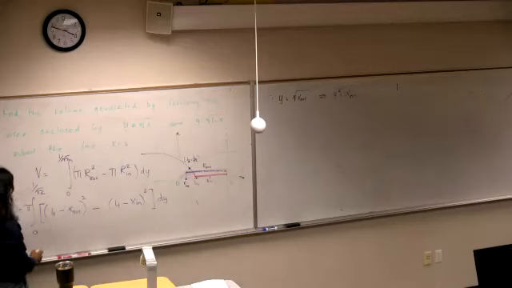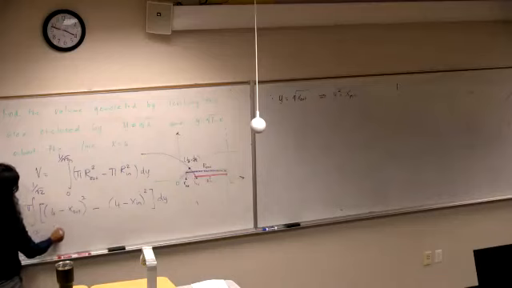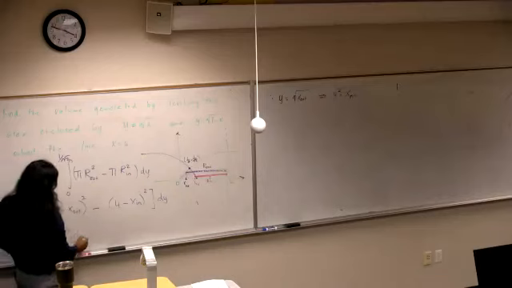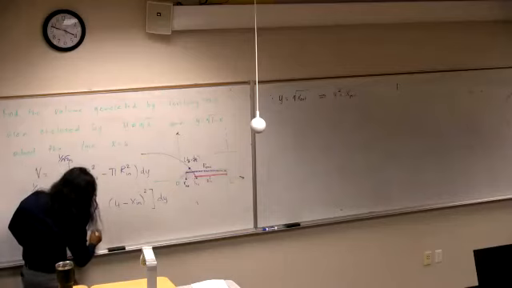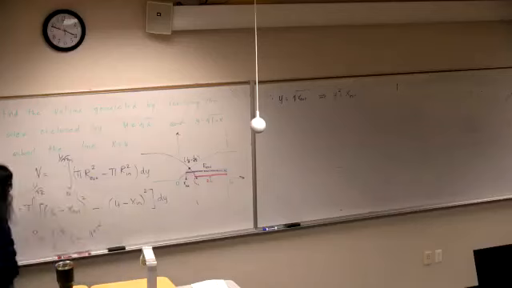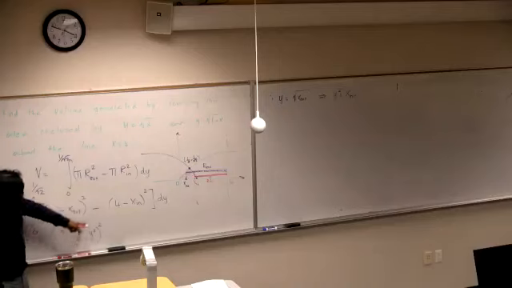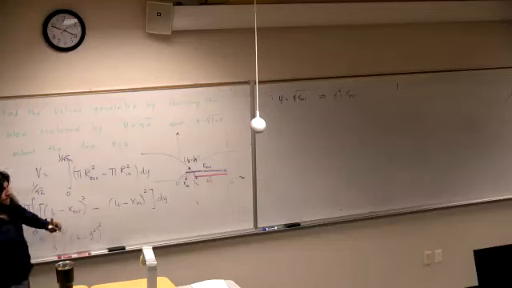Back over here. Pi integral 0 to 1 over square root of 2, 4 minus y squared, squared. Good. I'm just plugging in y squared for x out.